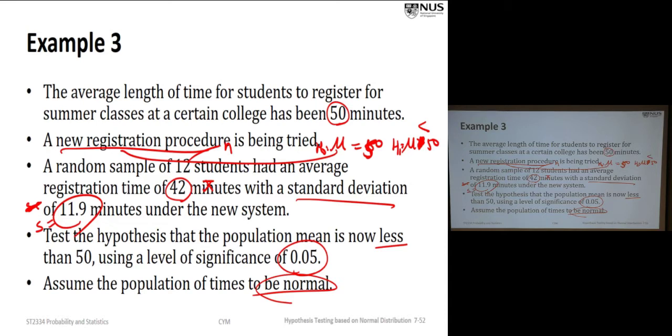But remember, the approximation may be very bad, so your answer may be only slightly better than no answer, because we don't know the underlying distribution. If the underlying distribution may not be normal but is symmetrical or close to normal, then you can still use the central limit theorem. So it's not so black and white: 'less than 30 cannot use' is not the whole story. There are other things you have to consider. We don't have this worry because we are told that it follows a normal distribution.